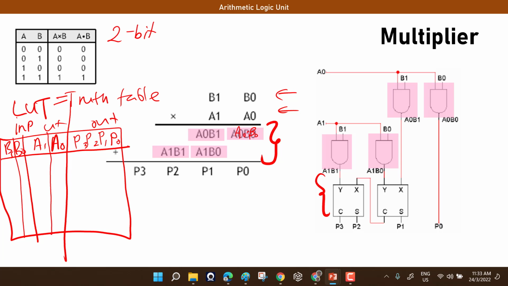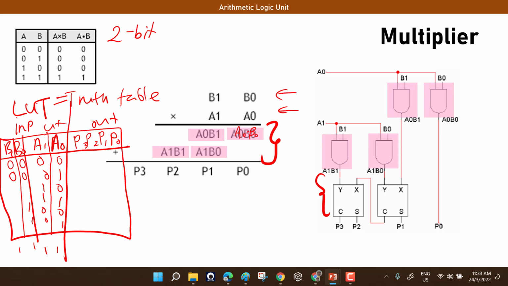If 4 bits, your truth table will be derived from 0, 0, 0, 0 up until 1, 1, 1, 1. In between, you know, right? It will go 0, 0, 0, 1, then 0, 0, 1, 0, then 0, 0, 1, 1, and so on. Okay? Up to here okay?